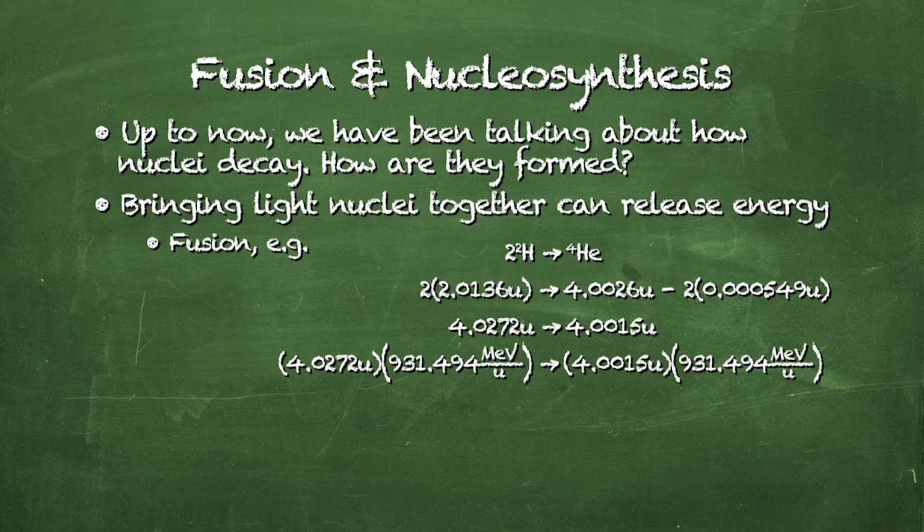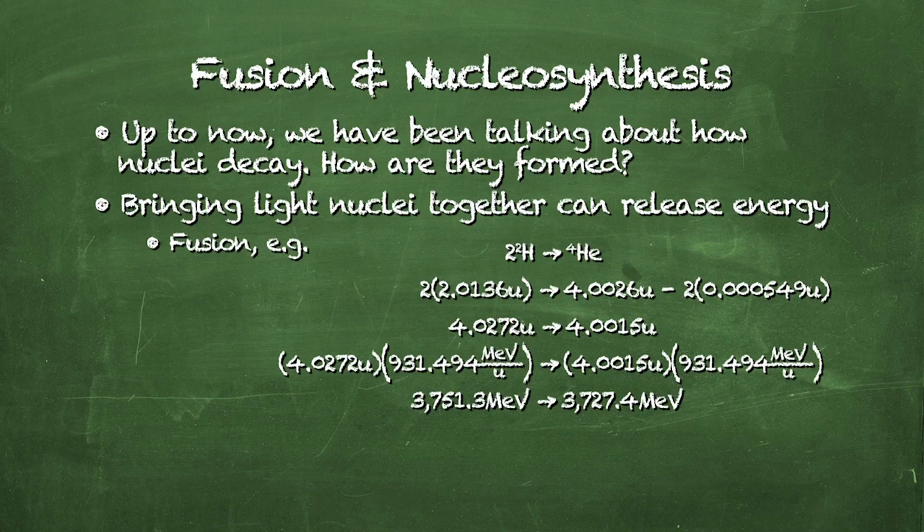So we have 3,751.3 mega electron volts becoming 3,727.4 mega electron volts, or releasing, what is that, 23.9 mega electron volts as those hydrogen-2 nuclei come together to form helium-4. So when they get together, they release energy.